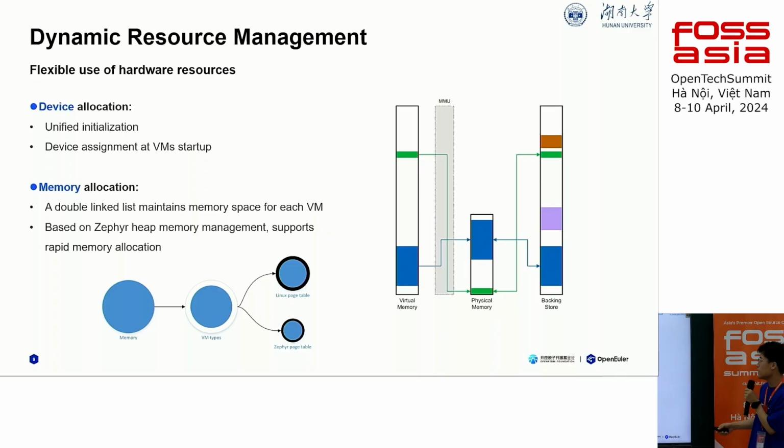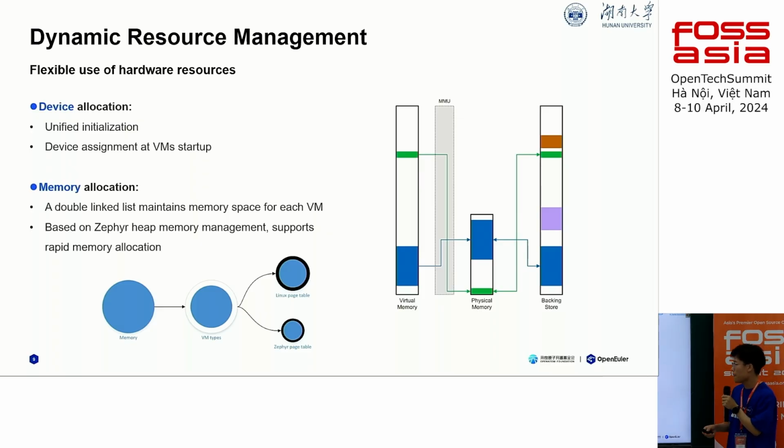ZVM uses a doubly linked list to maintain the memory space for each VM, and ZVM will build the page table for each VM to translate the VM's virtual address to the physical address.